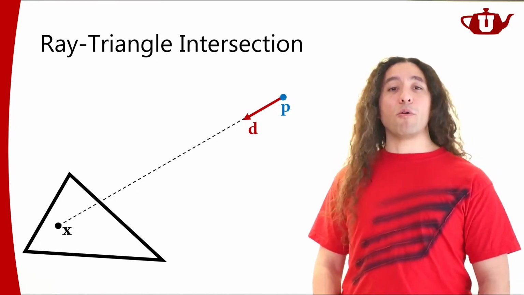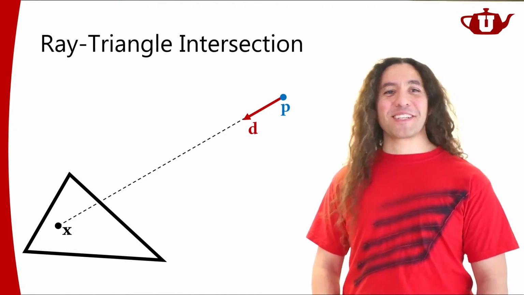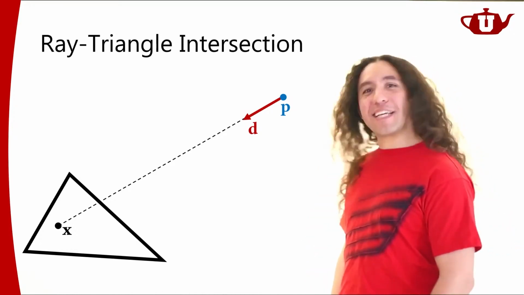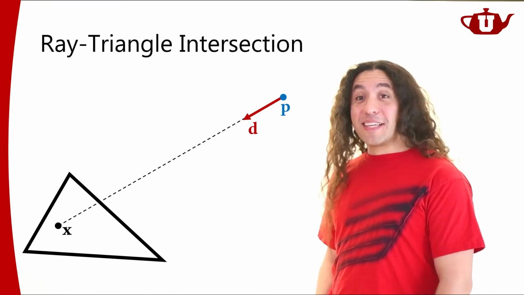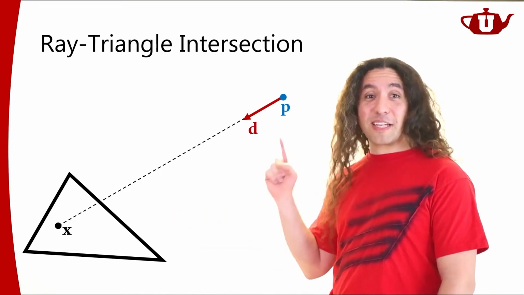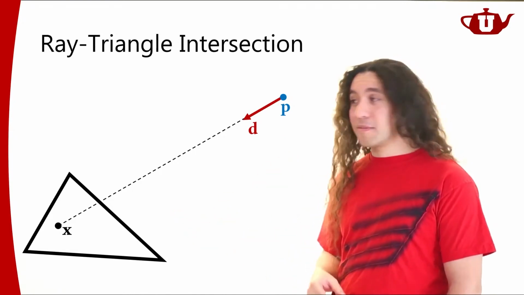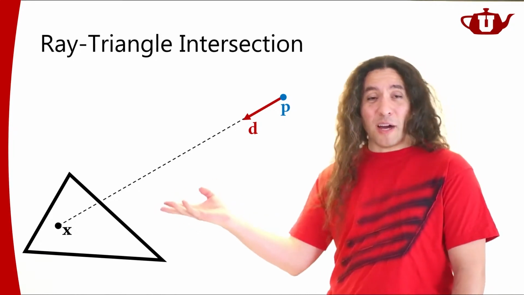This is a very old problem. It's been around as long as ray tracing has been around. Back in the 80s, when people were very much interested in ray tracing, this operation was expensive. Just doing this was computationally expensive. And you're doing a lot of this too. I have a lot of triangles in my scene.